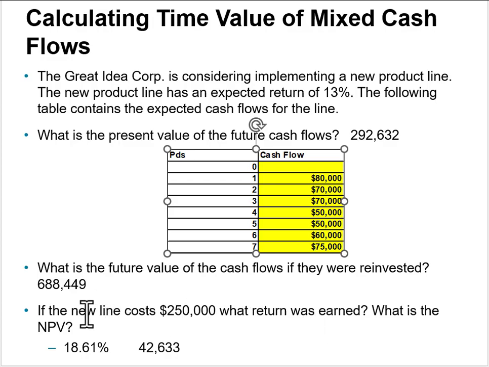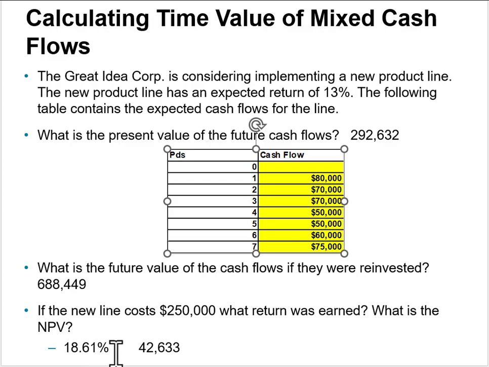A question is, if this new line cost $250,000, what return would you receive on your investment, and also what is its capital budgeting net present value? And again, this is obviously all solved with those buttons once you input the data. So we end up here with that you'd actually earn 18%.